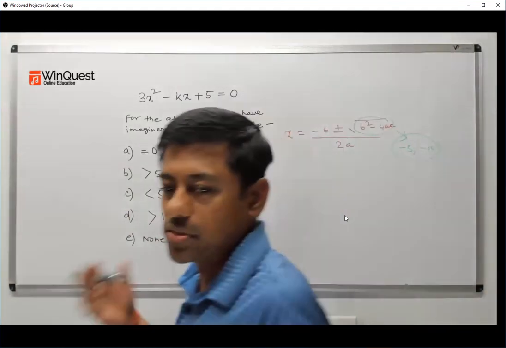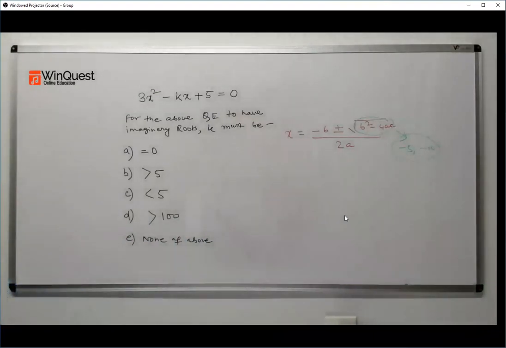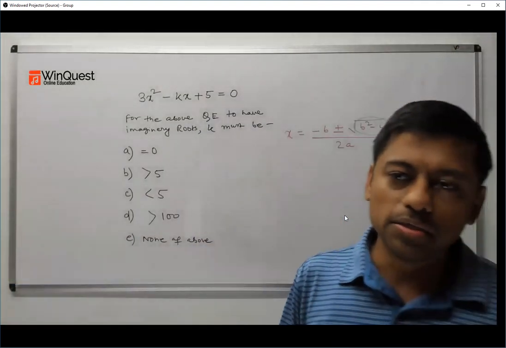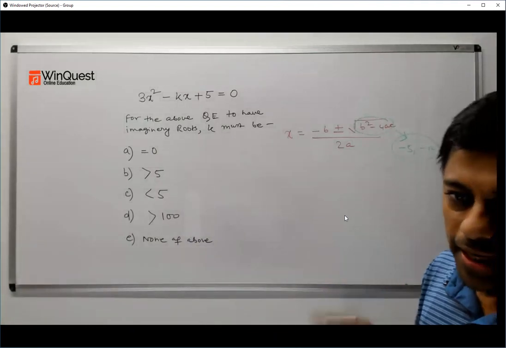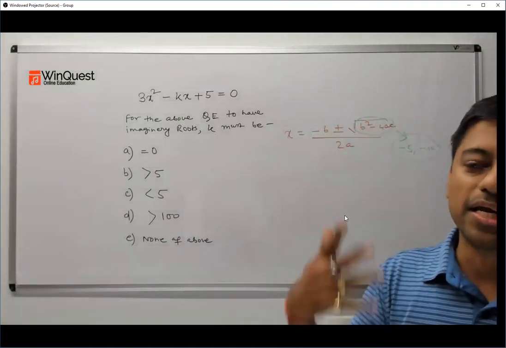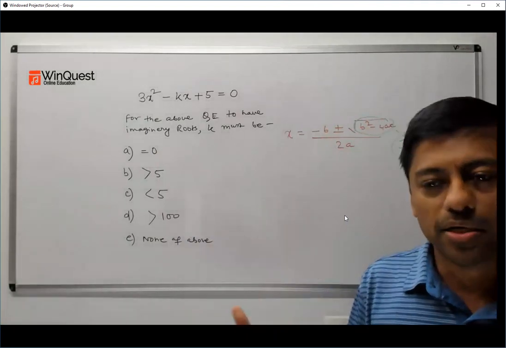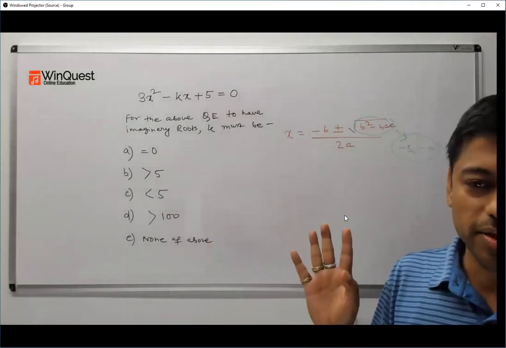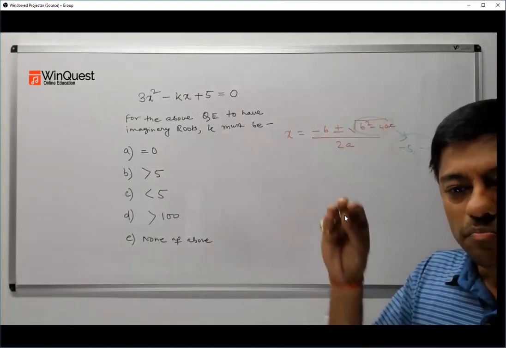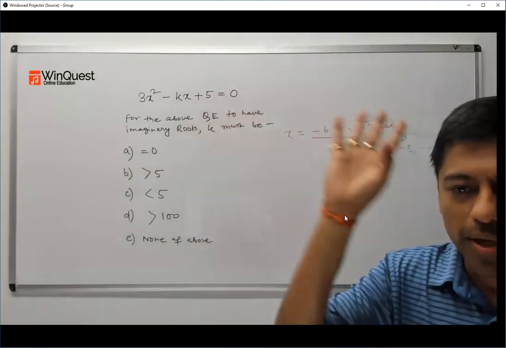Some more yes and no, please. Kaustubh, Karishma, Sarah, Suhas, Aradhana, Arya, clear. I repeat, b square minus 4ac is technically, in bookish language, called the discriminant. I don't want to know what is discriminant, I just simply apply my logic. This is a square root, b square minus 4ac inside the square root.